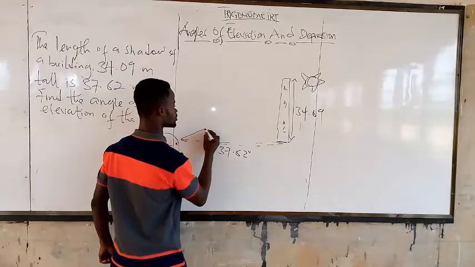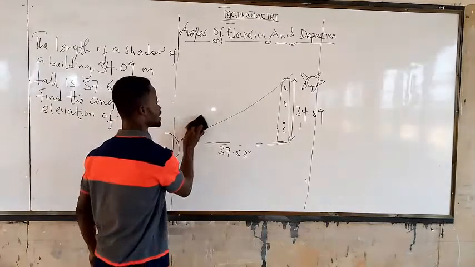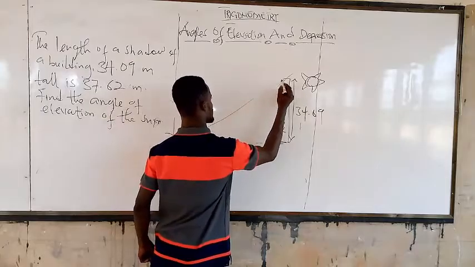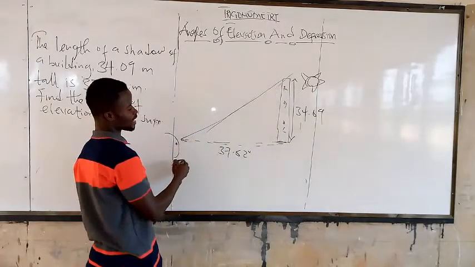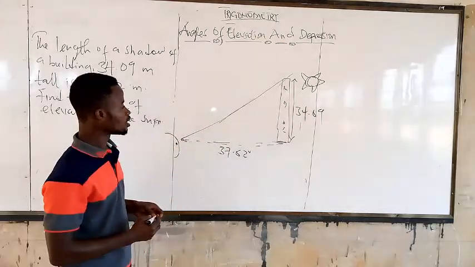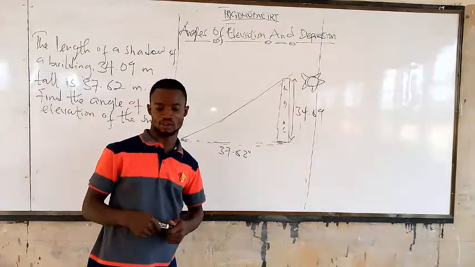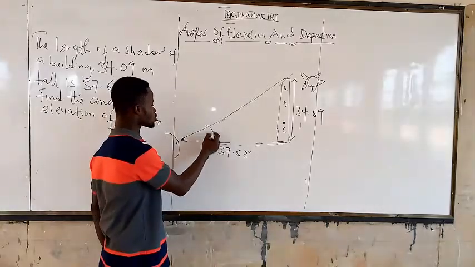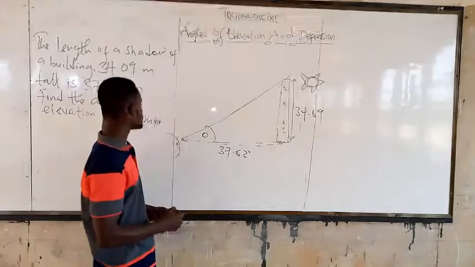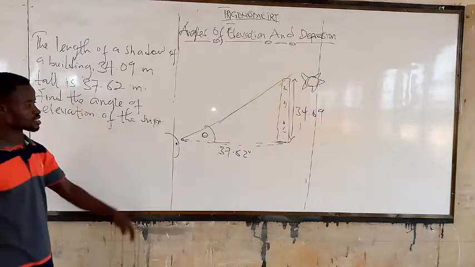So that becomes the line of sight, and that's going to be the hypotenuse. The angle is going to form here, and let's represent that by theta. We don't know the angle.